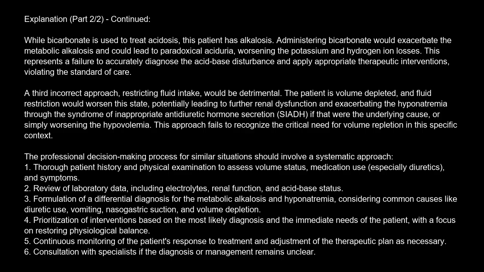Prioritization of interventions based on the most likely diagnosis and the immediate needs of the patient, with a focus on restoring physiological balance. 5. Continuous monitoring of the patient's response to treatment and adjustment of the therapeutic plan as necessary. 6. Consultation with specialists if the diagnosis or management remains unclear.